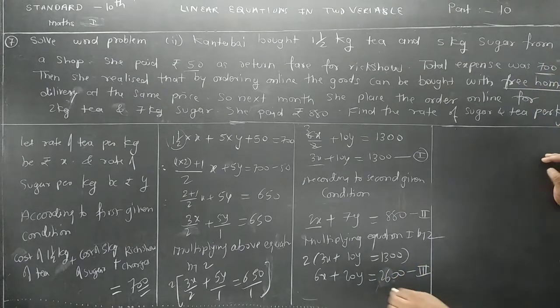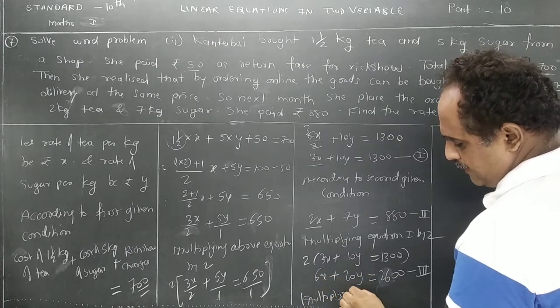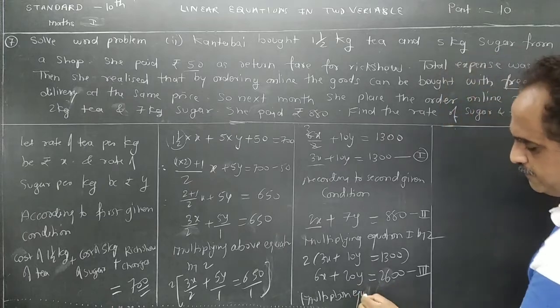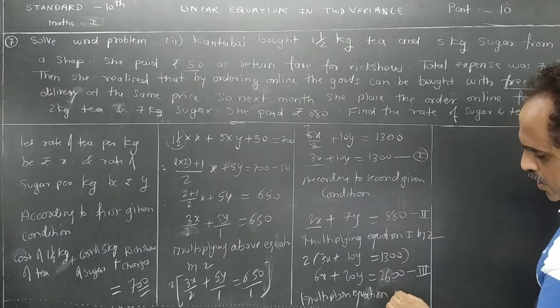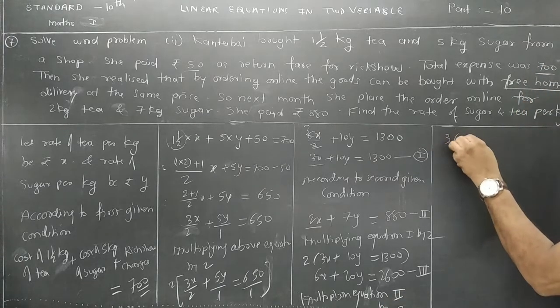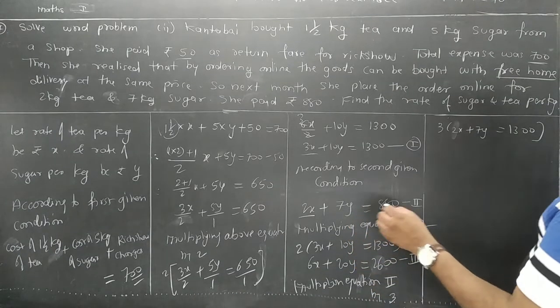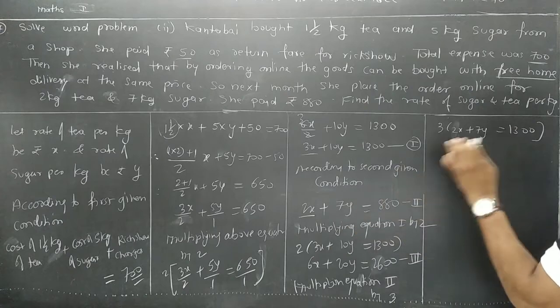And we are going to write, multiplying equation 2 by 3. So 3 in bracket 2x plus 7y.